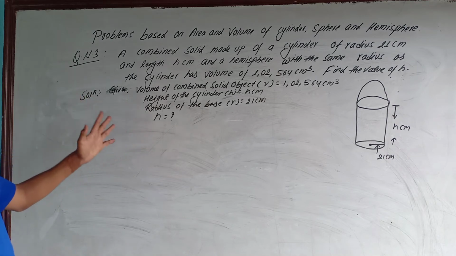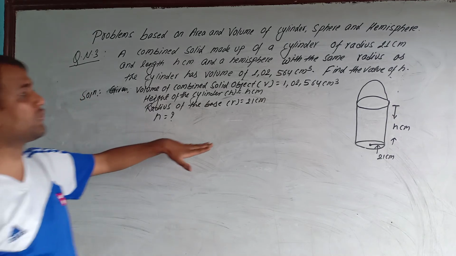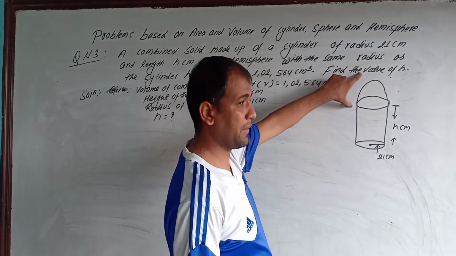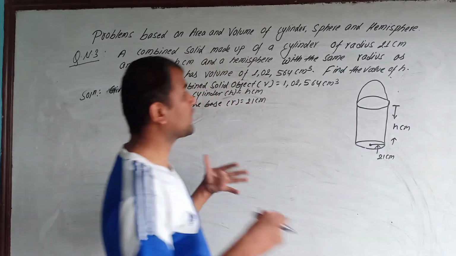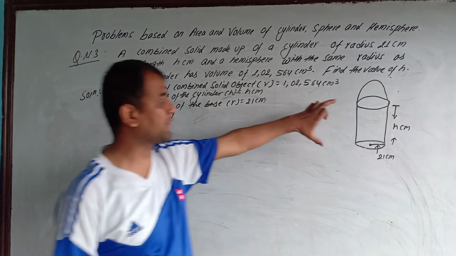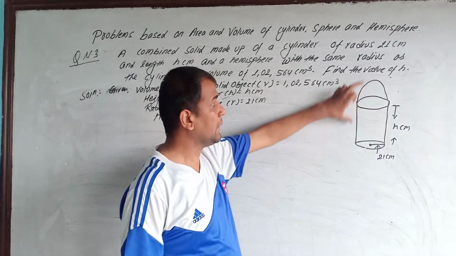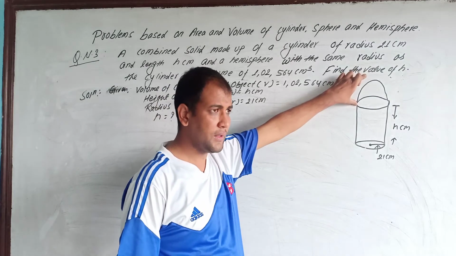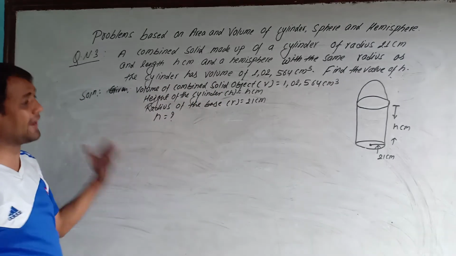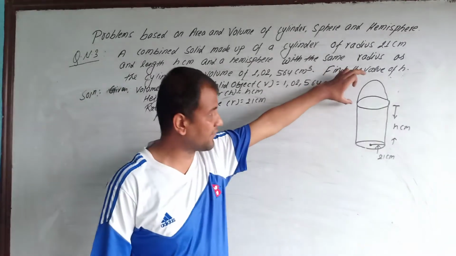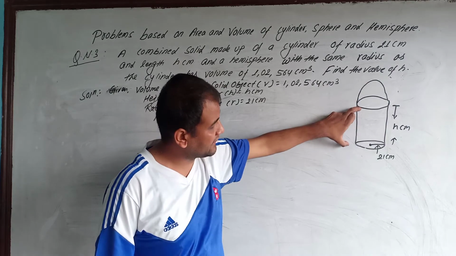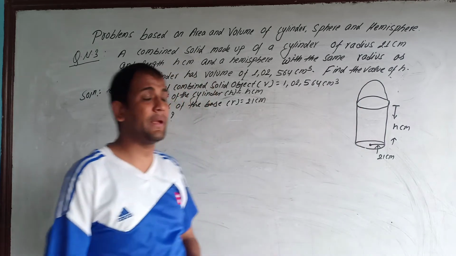We have volume of combined solid is equal to volume of cylinder plus volume of hemisphere. Sometimes curved surface area is given, so we use curved surface area is equal to curved surface area of cylinder plus curved surface area of hemisphere. Sometimes total surface area is given. At that time we use total surface area is equal to CSA of hemisphere plus CSA of cylinder plus area of base.